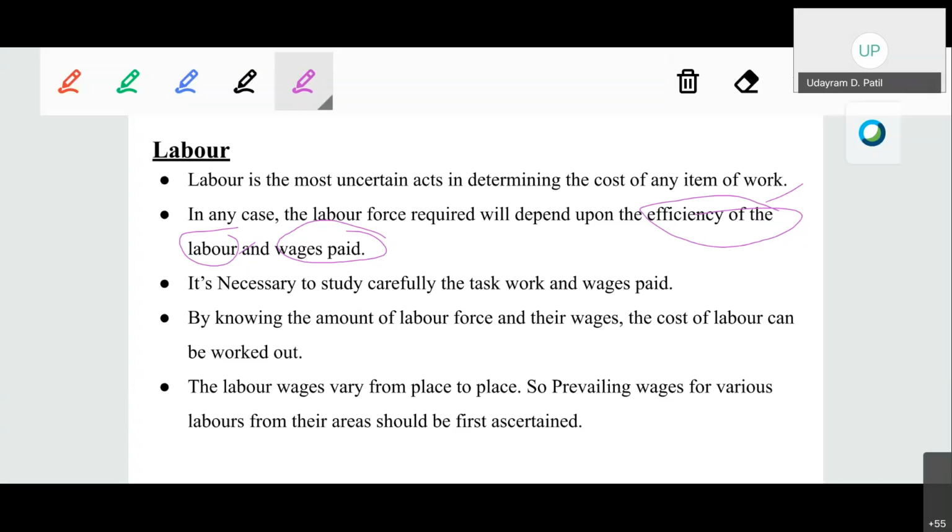So the wages paid to the particular labor will also determine the efficiency of that particular labor.